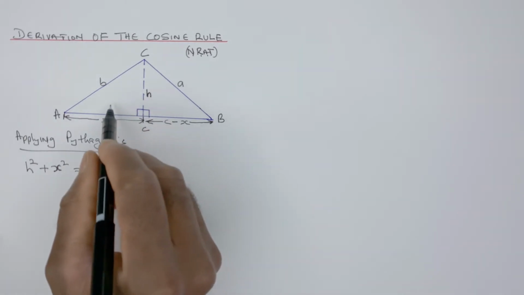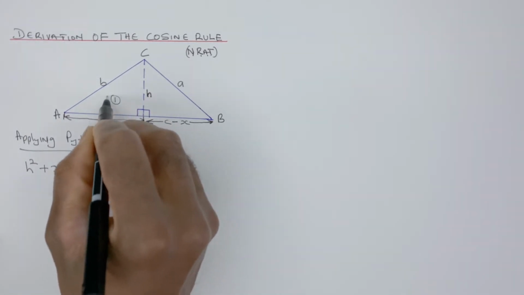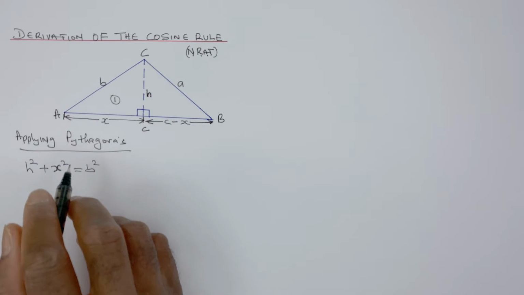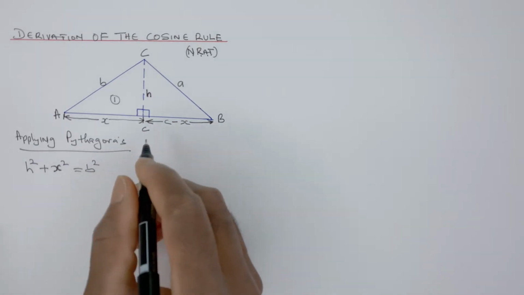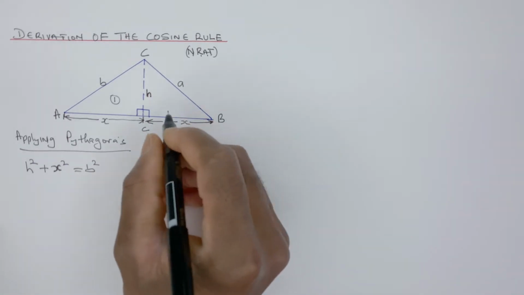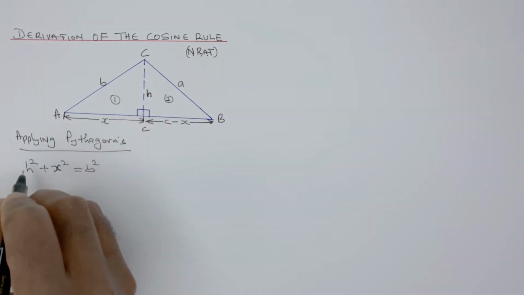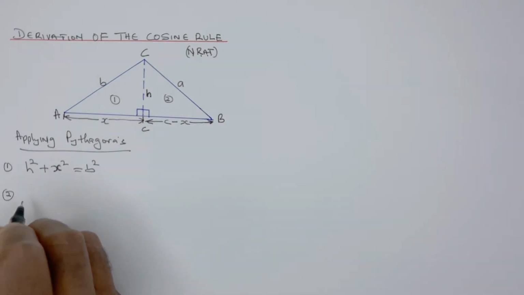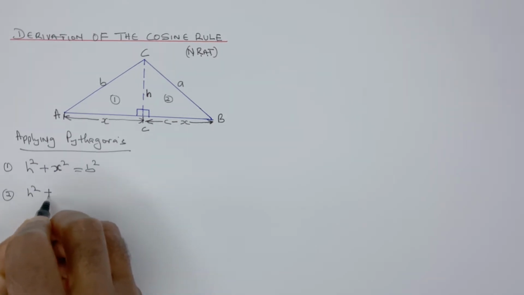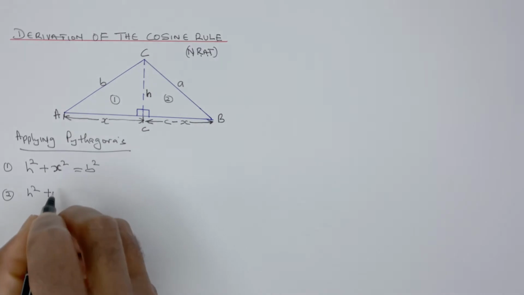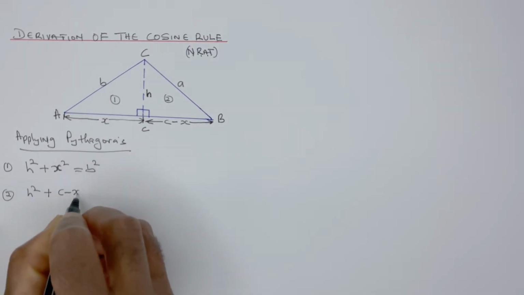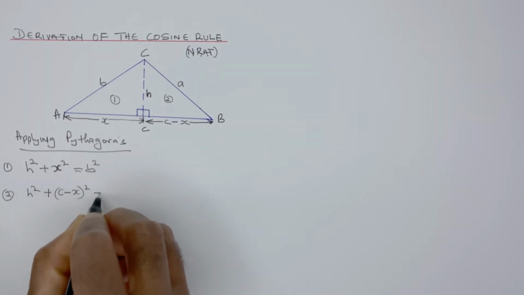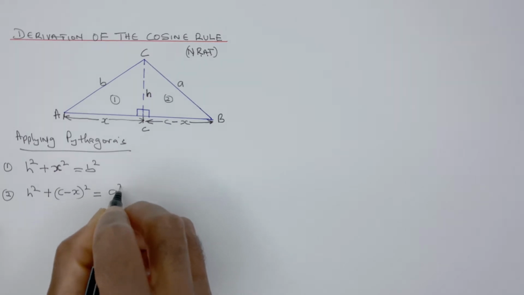So I'm applying Pythagoras to this side here. And now I can also apply Pythagoras to this second side. So for that, it will be h squared plus c minus x all squared equals a squared.